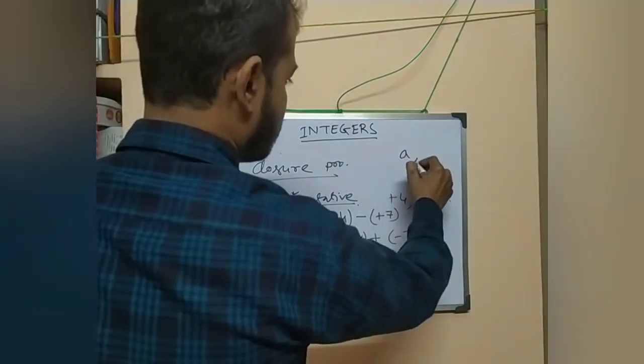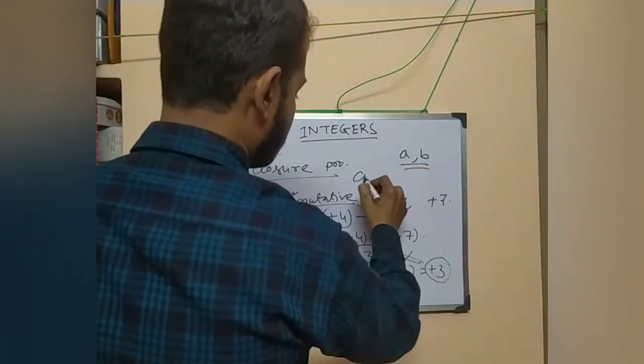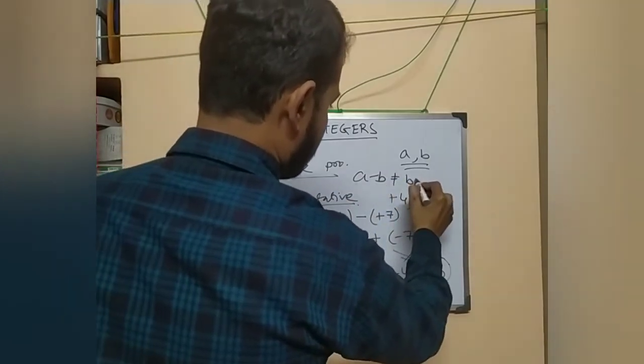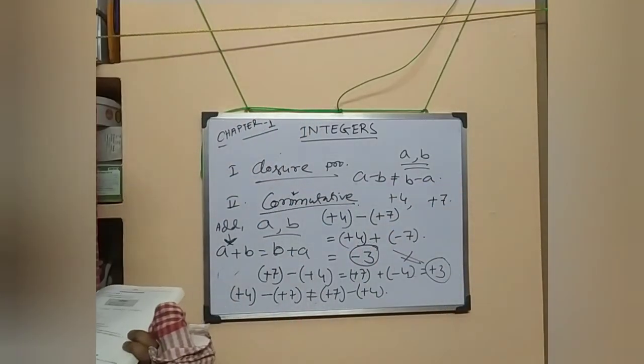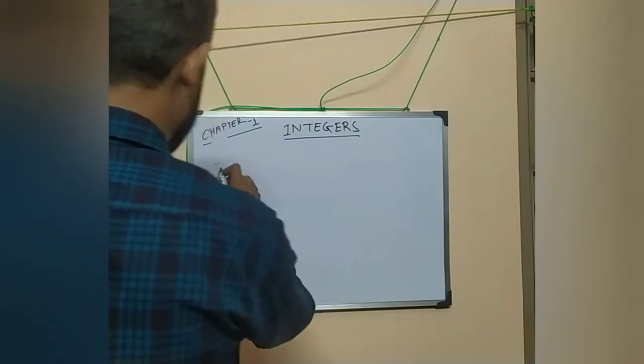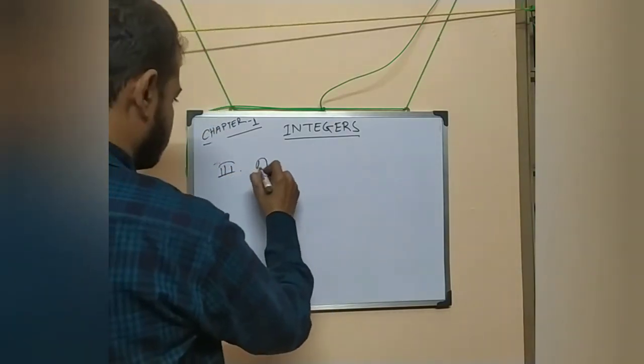So for any two integers a and b, for subtraction, a minus b is not equal to b minus a. Now number 3, the associative law.